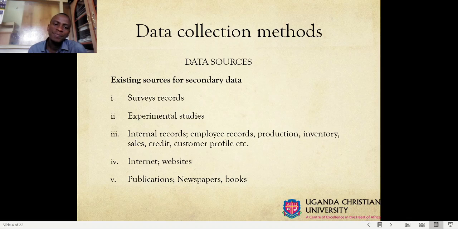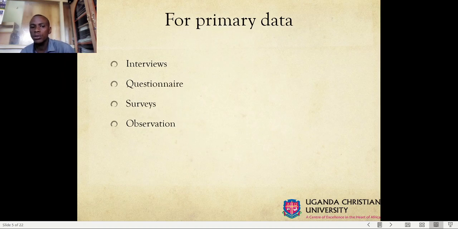There are several sources of secondary data. We have survey records, experimental studies records, internal records, employee records, the internet, websites, publications, newspapers, and books. All those make up the secondary data, or can help us get it.